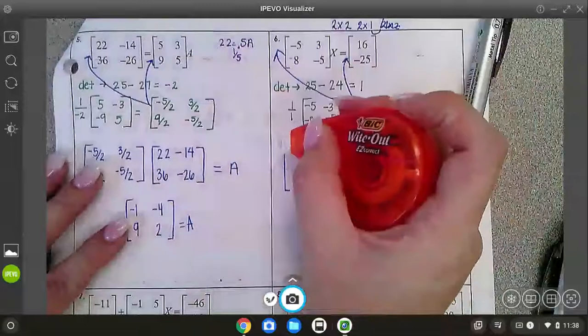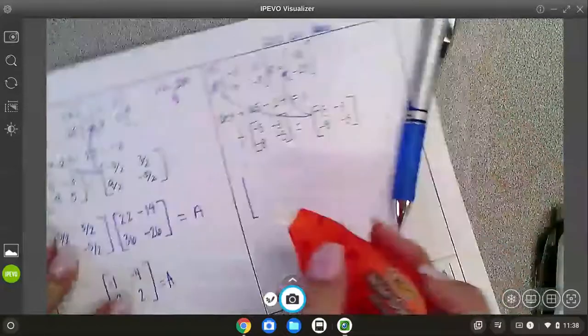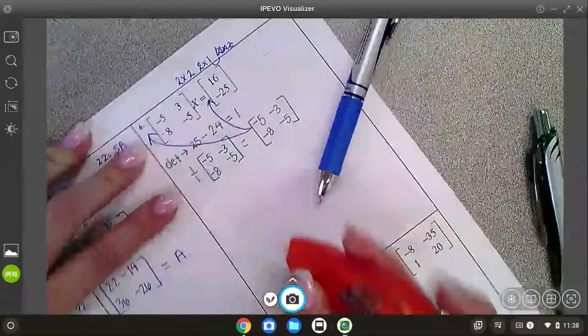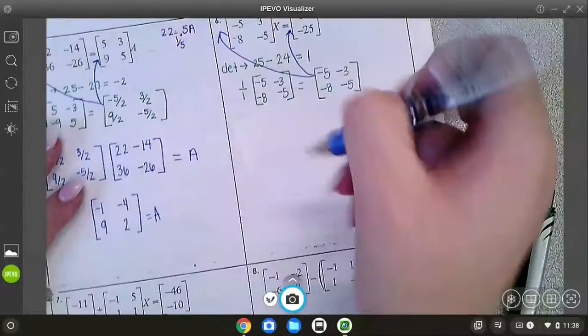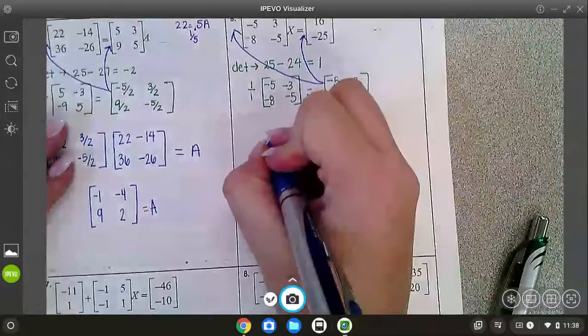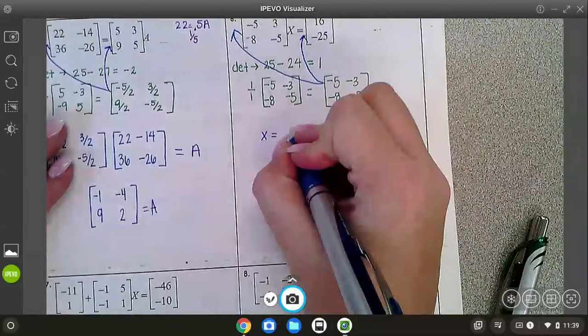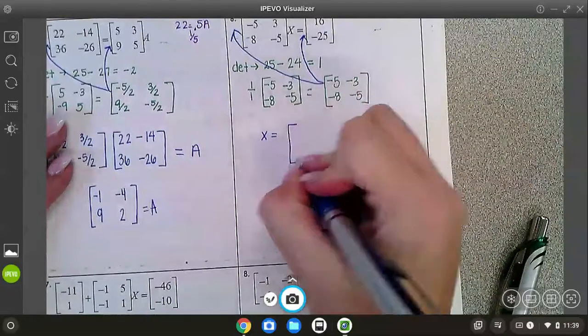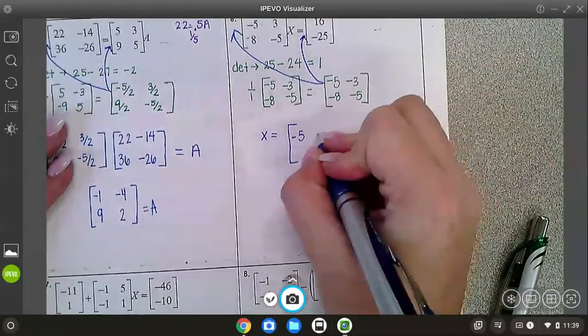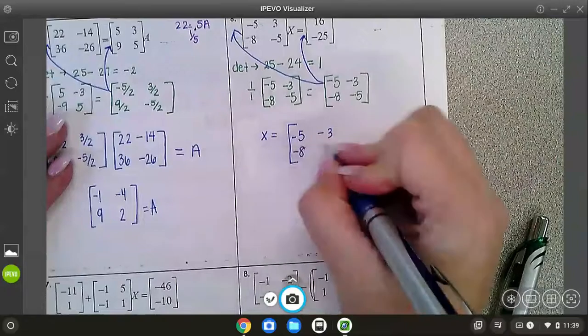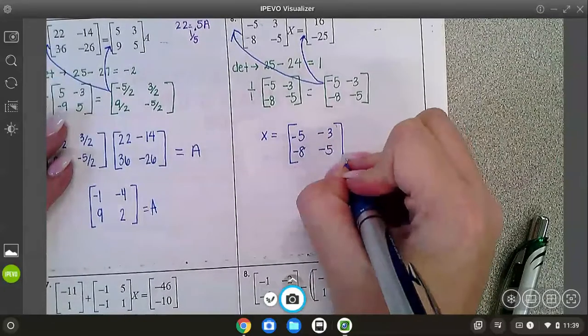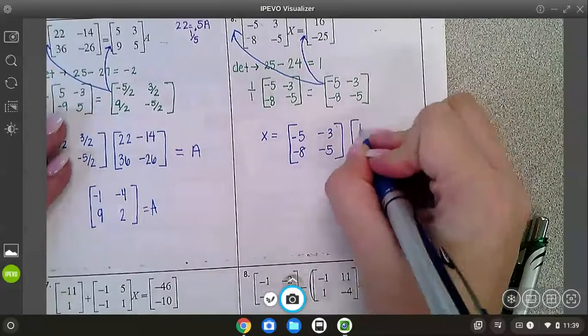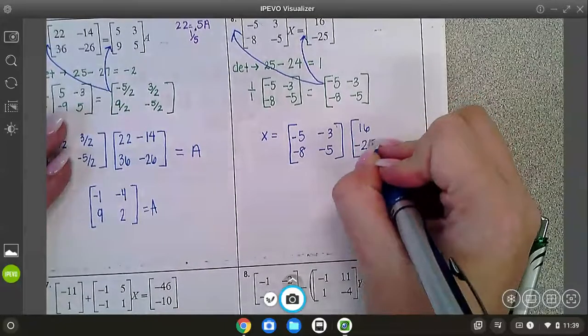Actually, I need to put x equals. And then we have our inverse times this one.